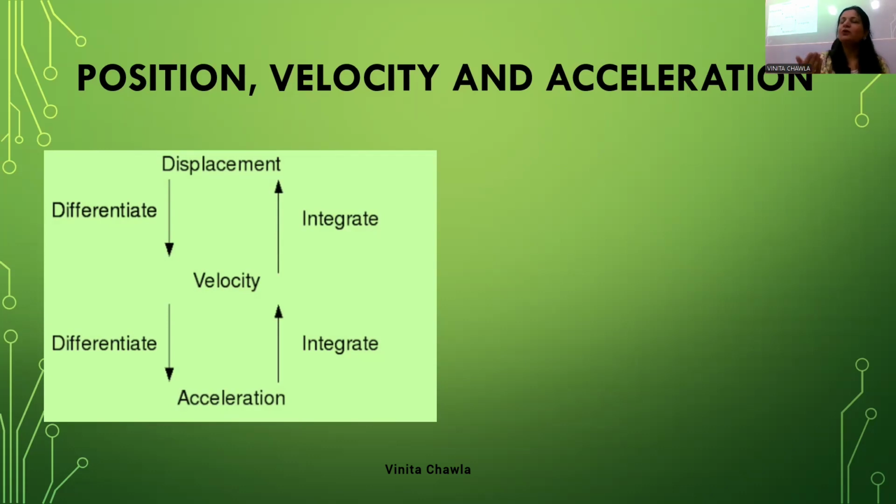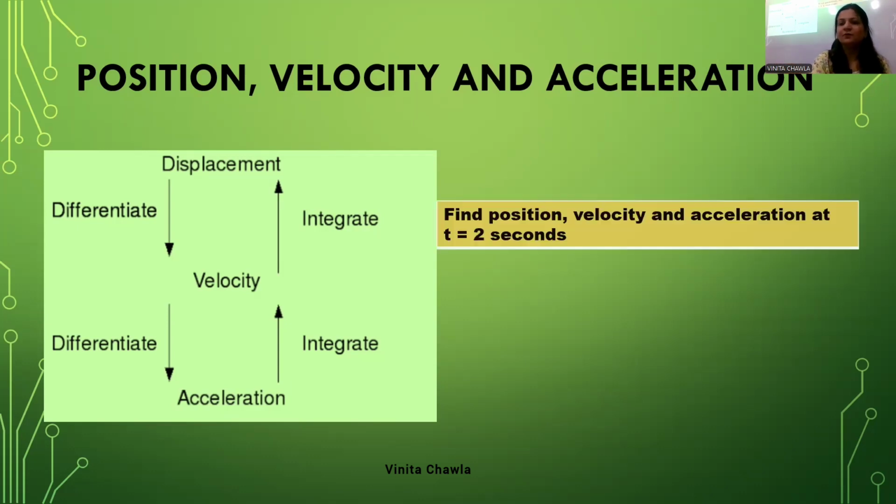Okay, displacement को differentiate करोगे, velocity आएगा, v is dx by dt, है ना? Velocity को differentiate करोगे, dv by dt, you get acceleration. When you integrate acceleration, a dt is v dt. When you integrate it, you get position or displacement.